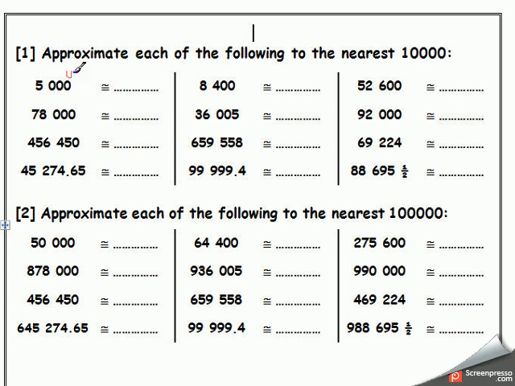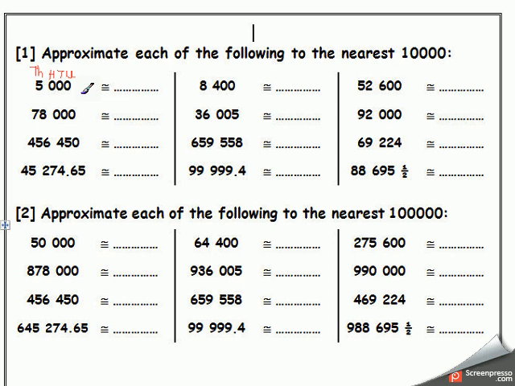This is units. This is tens. This is hundreds. This is thousands. Here I don't have a 10,000 digit in this number.